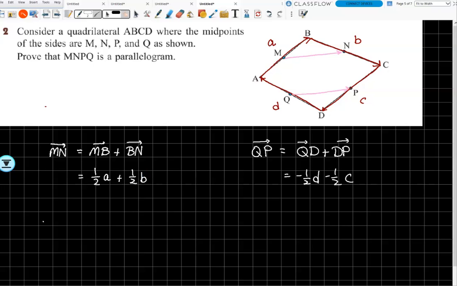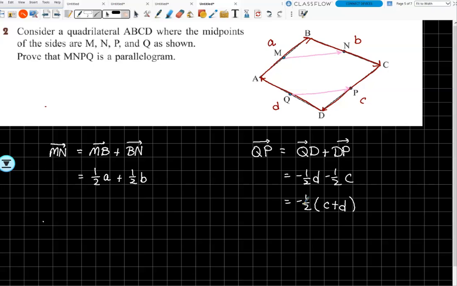And we're a little bit lost, and that's minus a half D plus C, C plus D, right? So now we're in a bit of trouble. Because what we were trying to aim for was that this was the same as this.